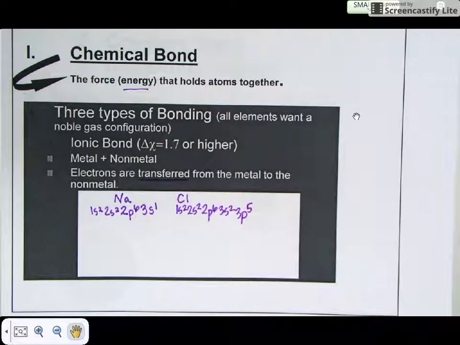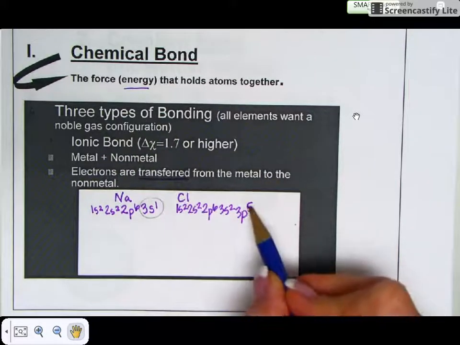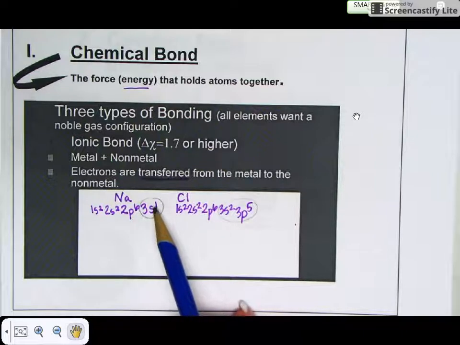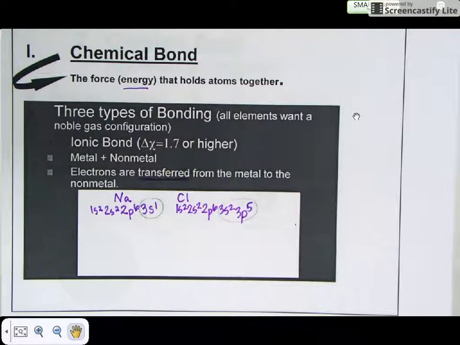All right, so in the highest occupied energy level, here we have the third for sodium, and we have the third for chlorine. This is where the valence electrons are located. And so what's going to happen here, sodium needs to lose this valence electron. So it's going to transfer it to the chlorine.